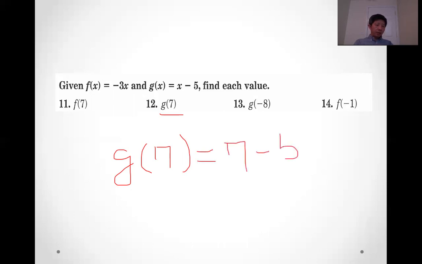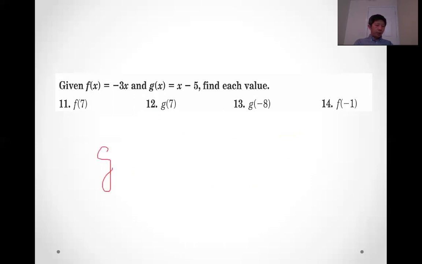So 7 minus 5, and therefore the answer is 2, all right? Now let me finish all this for you, okay? Now here, g of negative 8, which is negative 8 minus 5, which is negative 13, all right?